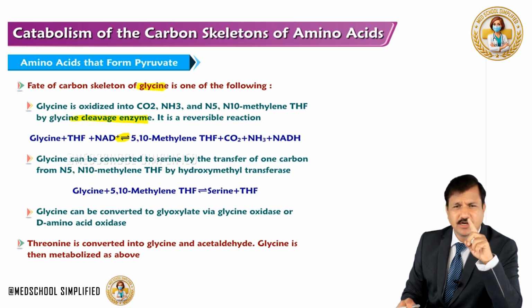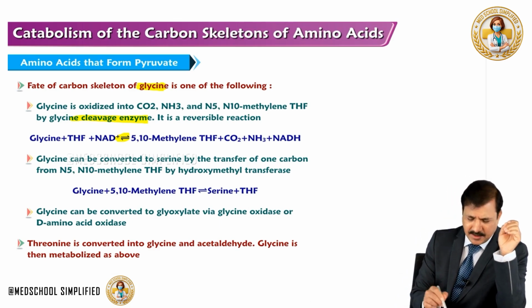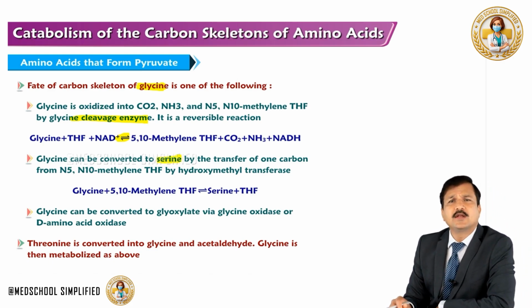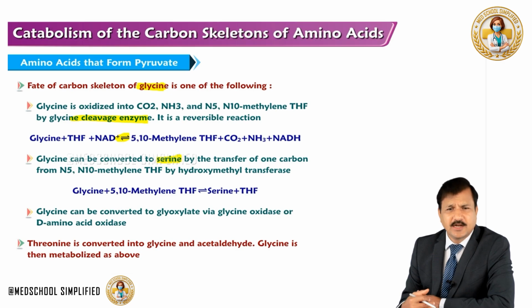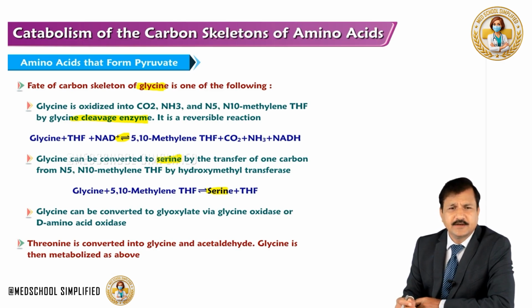Now let's look at the second reaction that can handle the carbon skeleton of glycine, and that is glycine can be converted to serine by the transfer of one carbon from N5,N10-methylene tetrahydrofolate by serine hydroxymethyltransferase enzyme. So glycine is converted to serine while N5,N10-methylene tetrahydrofolate is converted to just tetrahydrofolate.